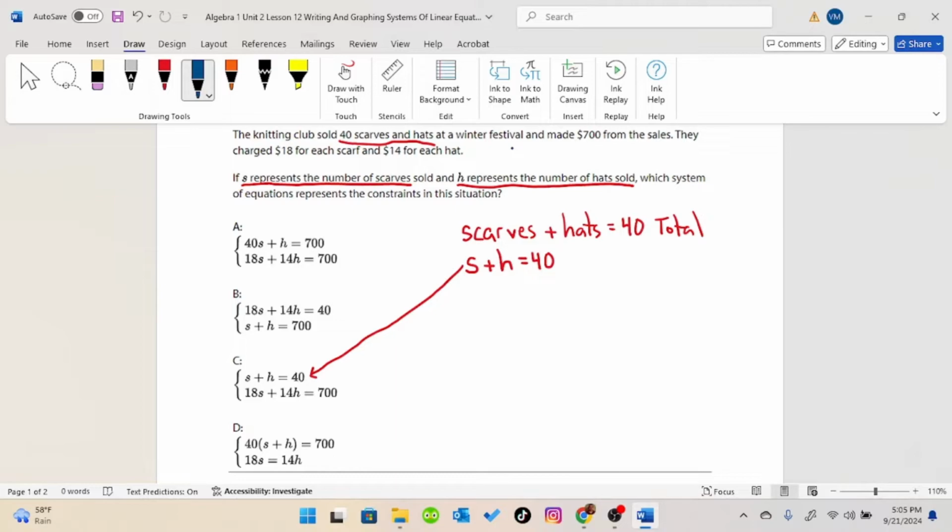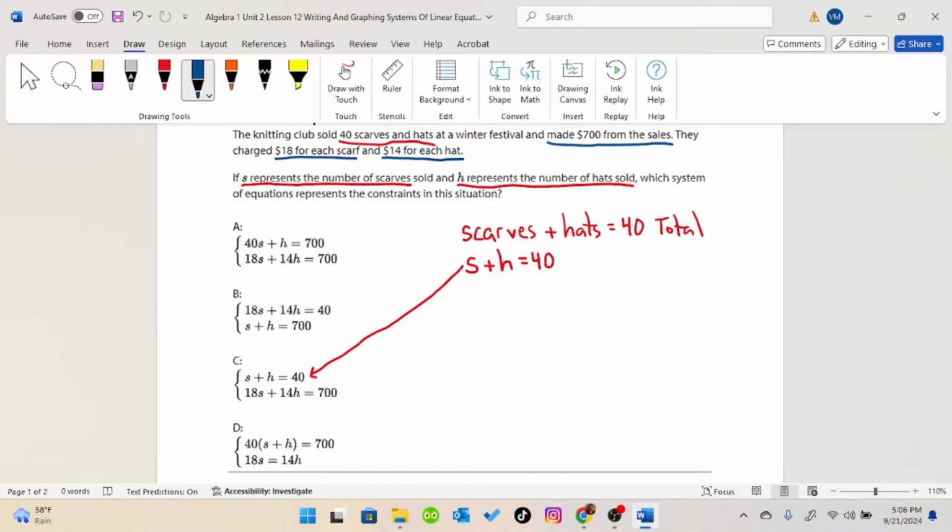Next, we know that they made $700 from sales. We know it was $18 for each scarf and $14 for each hat.